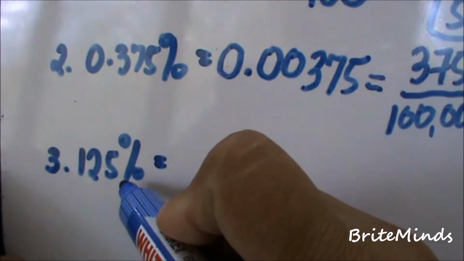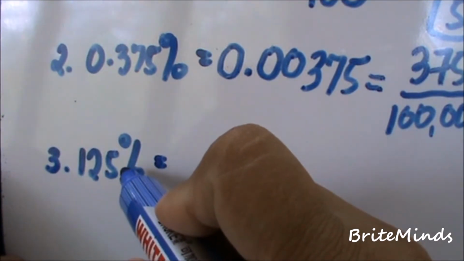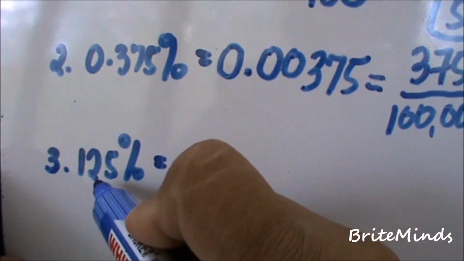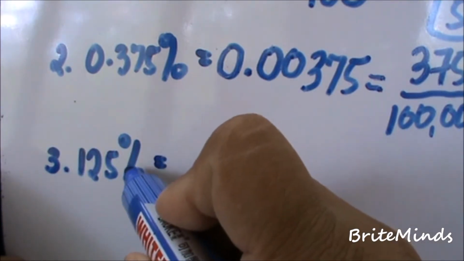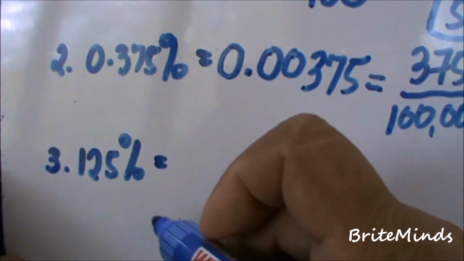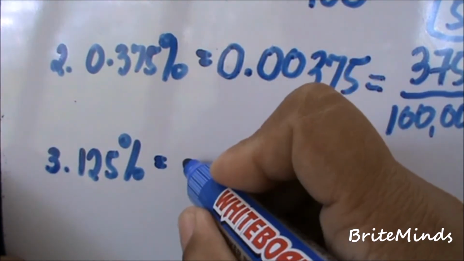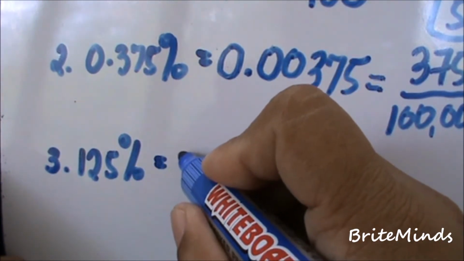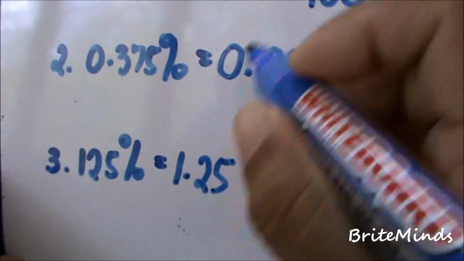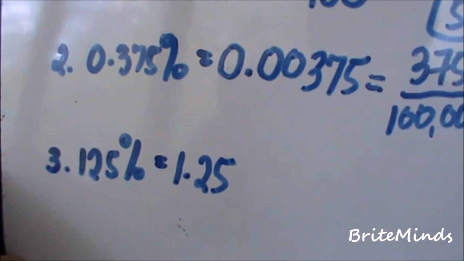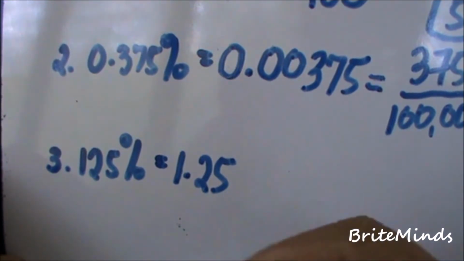As I said a while ago, move the percent sign two places to the left, then drop the percent sign and affix the decimal point. 1 and 2, so it will look like this, 1.25. Now we have it in decimal form.